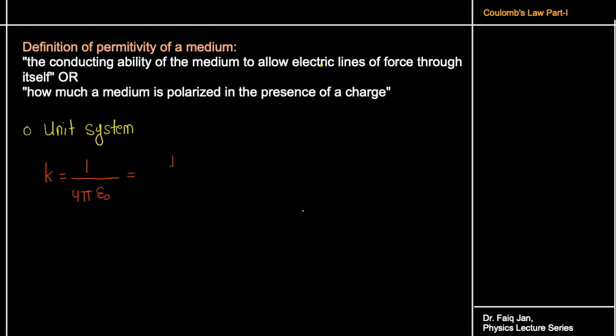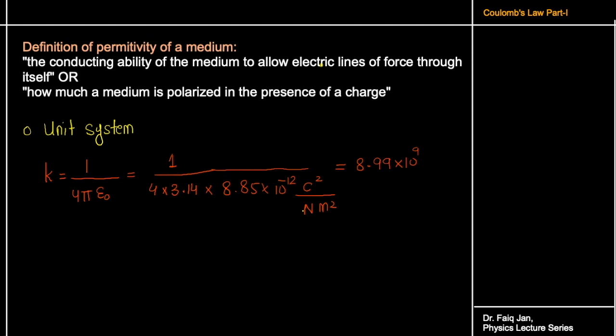Putting the numerical values of pi, that is 3.14, and epsilon naught, that is 8.85 into 10 raised to power minus 12 Coulomb square per Newton meter square, the numerical value of the electrostatic constant will come out to be 8.99 into 10 raised to power 9 Newton meter square per Coulomb square, which is close to 9 into 10 raised to power 9 Newton meter square per Coulomb square.